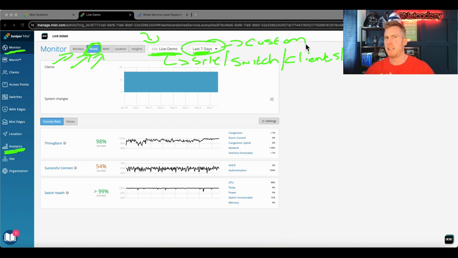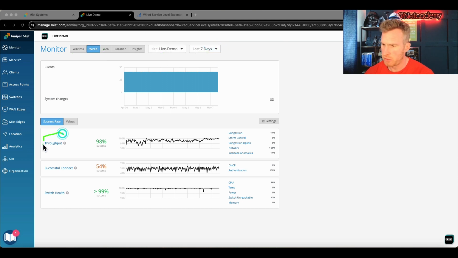So just as a generic overview of that user interface, this is what you're looking at. We are looking at the service level expectations for the switching network, for the wired network, for a particular site, and for the last 7 days. And here are those service level expectations that I was just talking about in the previous part. Right here is throughput. Now, as I said, throughput is quite generic in terms of a definition, isn't it?